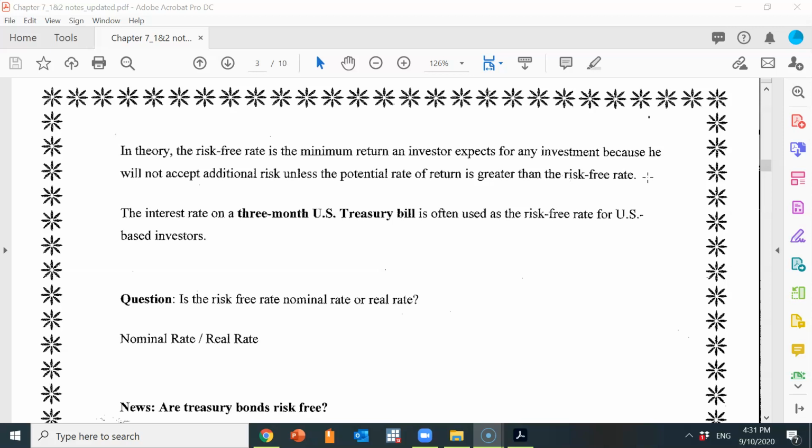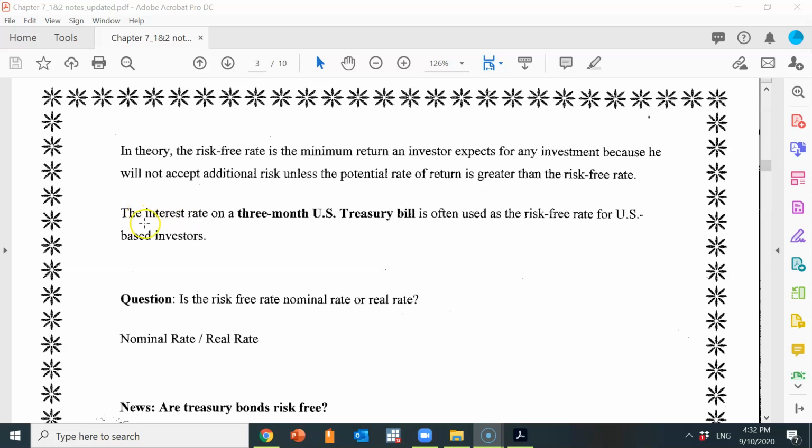Usually we say that when we see an investment target that is of no risk at all, it should have the lowest return. It is the minimum return that an investor requires for a risk-free asset, and for other risky assets, we would require higher return because we're taking more risk.